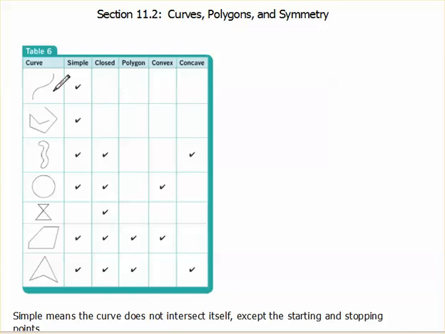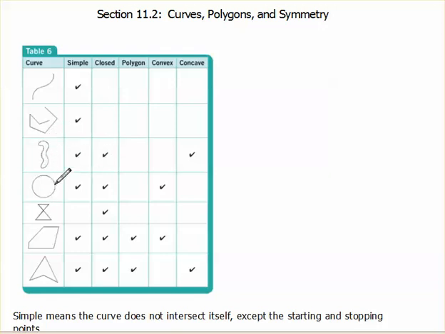Now for polygons. Polygons have to be simple and closed to begin with, and then we can look to see if they're possibly polygons. And polygons are shapes that are made up of line segments. So you'll notice that out of the ones that were both simple and closed, this one is not made up of line segments, so it's not a polygon.